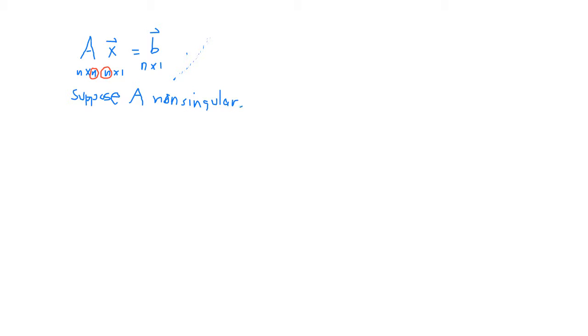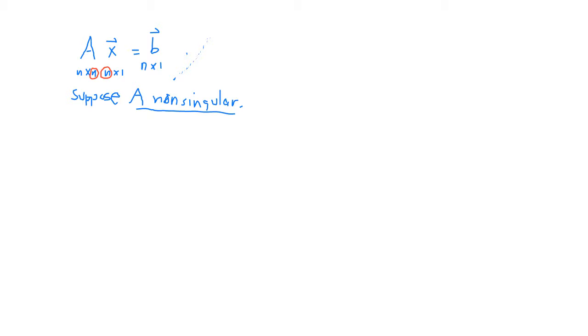Well, what does that mean if the matrix A is non-singular? What does that tell you about this square matrix A? Good, Benjamin. Matrix A has an inverse. That's right, Nafani. It has an inverse.